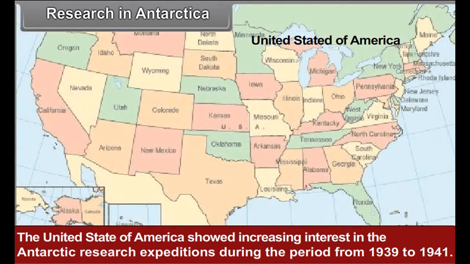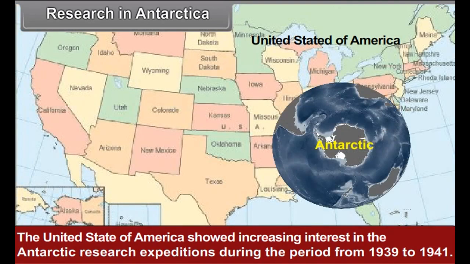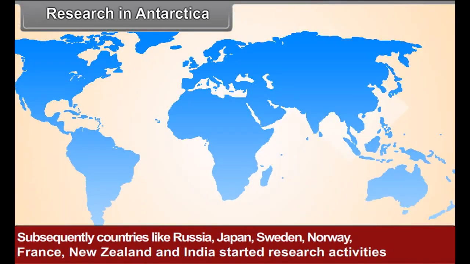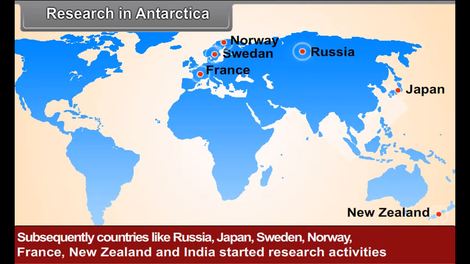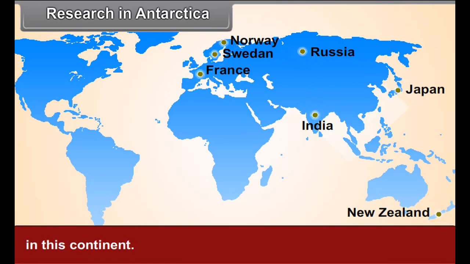Research in Antarctica. The United States of America showed increasing interest in the Antarctic research expeditions during the period from 1939 to 1941. Subsequently, countries like Russia, Japan, Sweden, Norway, France, New Zealand and India started research activities in this continent.